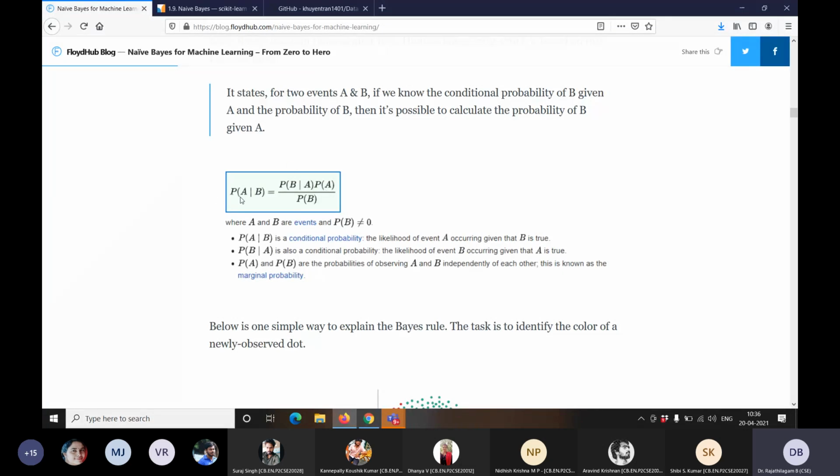In that case, P of A given B is equal to P of B given A into P of A divided by P of B. This P of A given B is a conditional probability which says what is the likelihood that event A will occur given event B. So your neighborhood is B. Once you have understood the neighborhood, what is the probability of A?